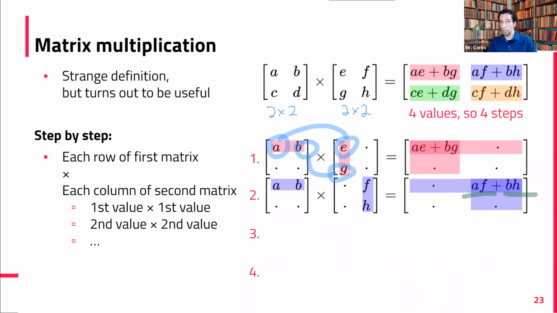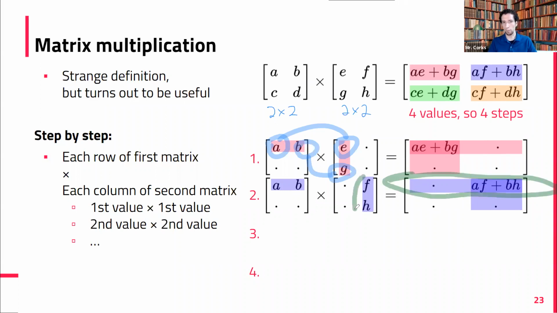So we might have this question, well, where do the results go? If I'm taking this whole row and that whole column, where do I choose to put the results? Well, we put them where they line up. So we can see that for step 2 here, first row, if we highlight where that first row is in our resulting matrix, we see that's highlighted in blue here, like this.